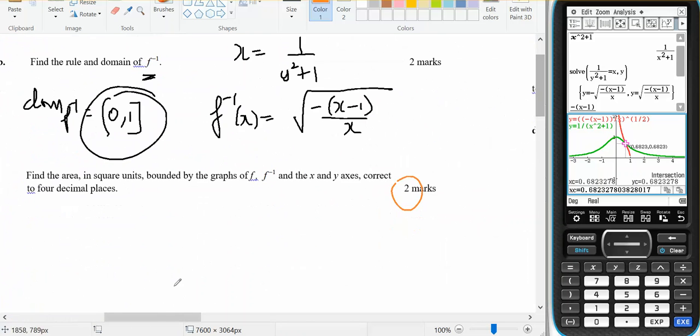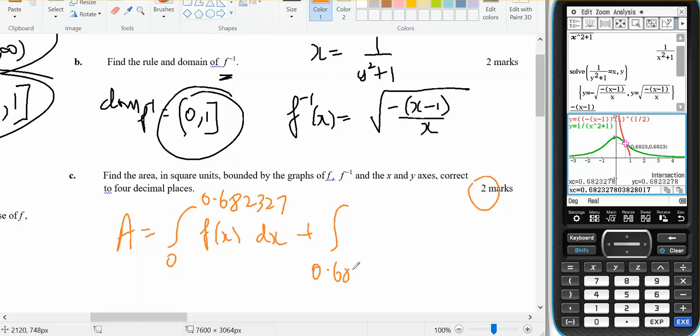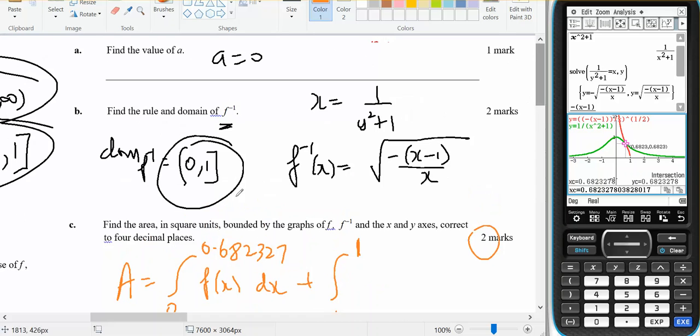So 1 mark will be the definite integral, which we go from 0 to 0.682327, and that's going to be f of x dx, plus the integral from 0.682327 up to that intersection point, which will be 1, because we said the domain went up to 1. And that will be the inverse of x dx.